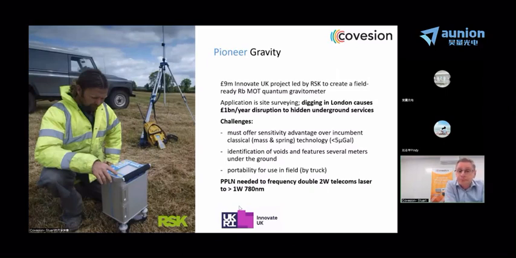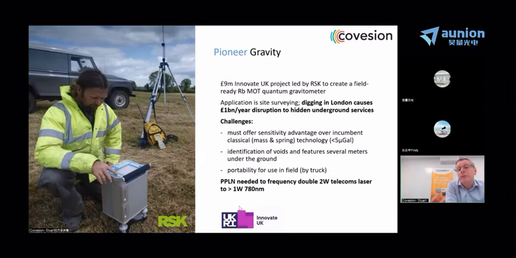The challenges with the project here were to develop a technology that is more sensitive than the incumbent technology. The incumbent technology is a classical mass and spring sensor. The mass and spring sensor system is very expensive, a few £100,000 per system. It's also not robust.